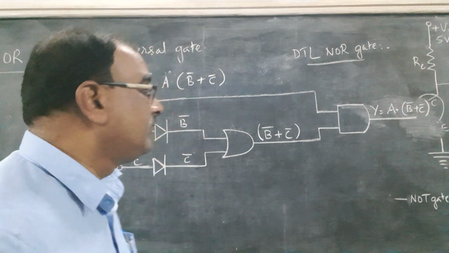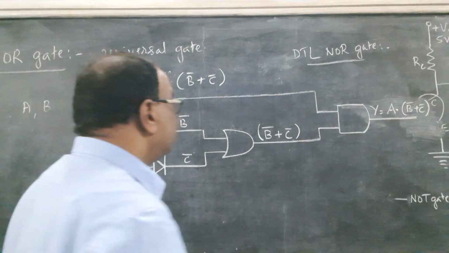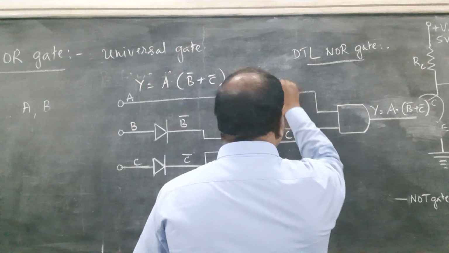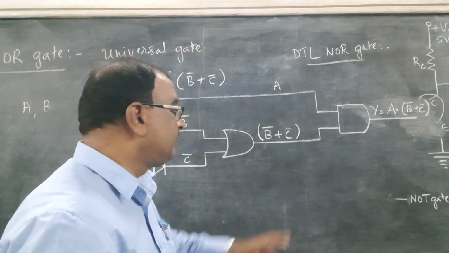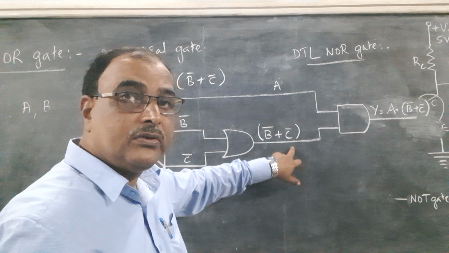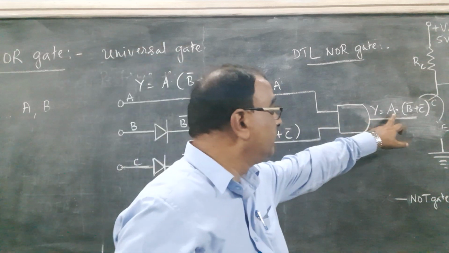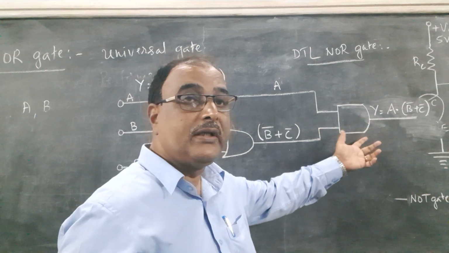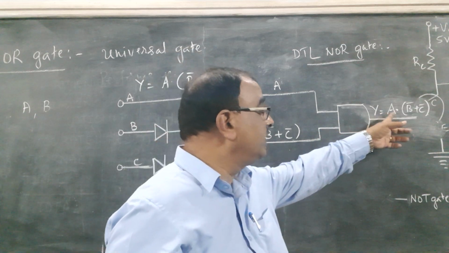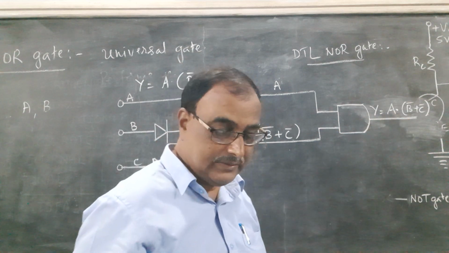So this is how we are representing it. So this is A, and the output from the OR gate is B bar plus C bar. So to get this product A dot (B bar plus C bar), Y is equal to A dot (B bar plus C bar).